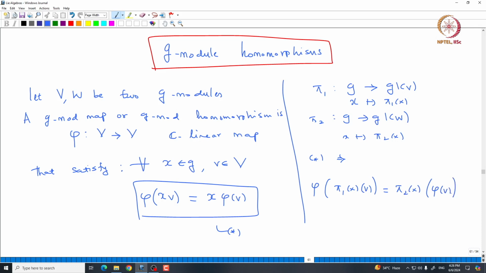If we forget v, then it is the same as saying that phi composed with pi 1 of x is the same as pi 2 of x composed with phi, and this should be true for all x in G. It is not just for one or two maps, it should be true for all x in G. So, that is the meaning of G module maps from V to W.